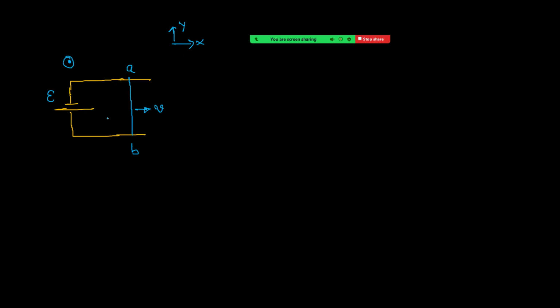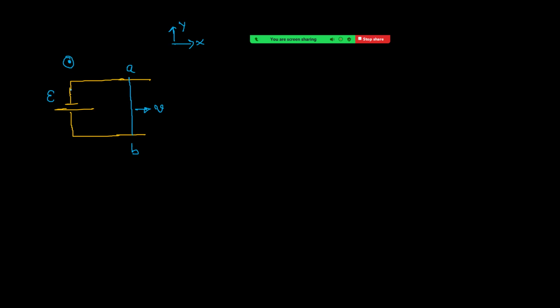According to Lenz's law, the direction of induced current is in such a way that it opposes the cause of its production. Therefore, because of the induced current, the field must be into the board because this field is outwards. So field into the board means the current must be clockwise. So this current is clockwise because of induced EMF.